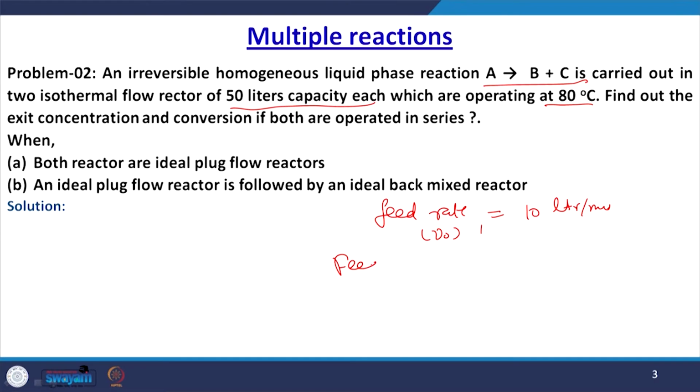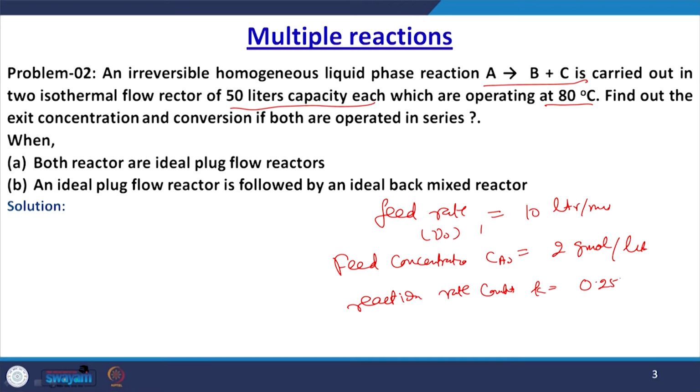The feed concentration, that is Ca0, is 2 gram mole per liter, and the reaction rate constant, that is K, is equal to 0.25 per minute.